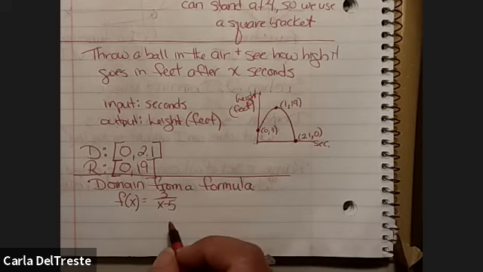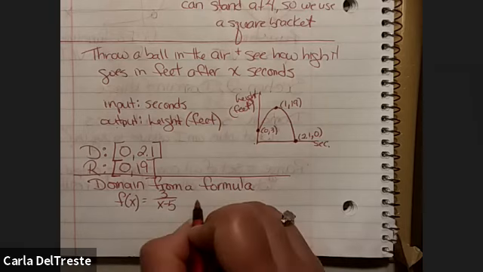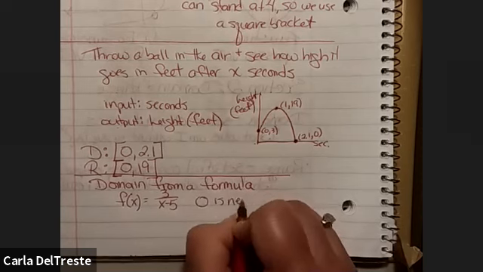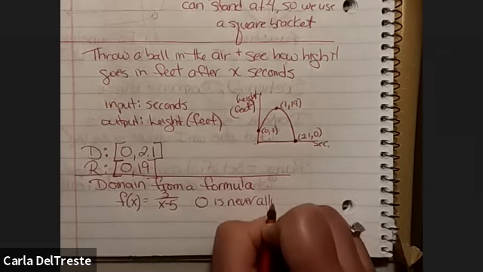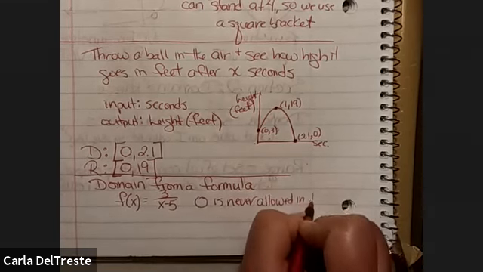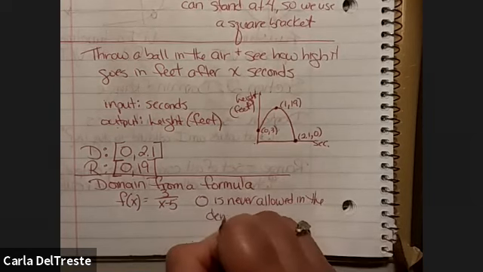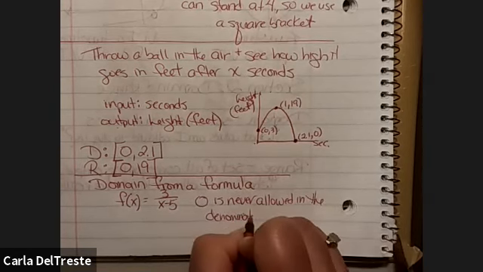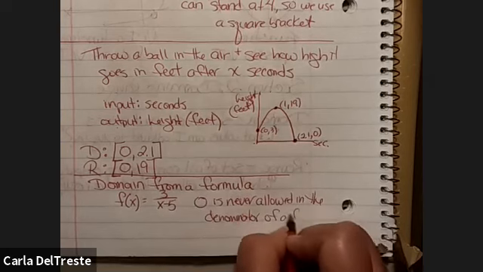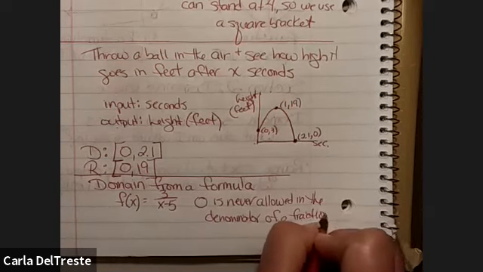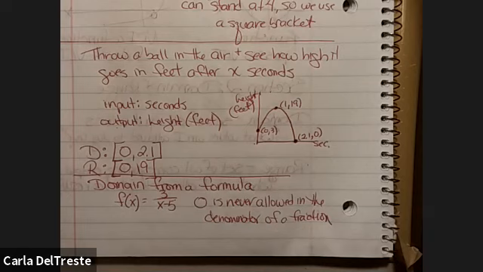You have to know that you're never allowed to divide by 0. 0 is never allowed in the denominator of a fraction. That's an important fact, because if 0 is not allowed to be in the denominator, when you divide by 0, it's undefined, okay?